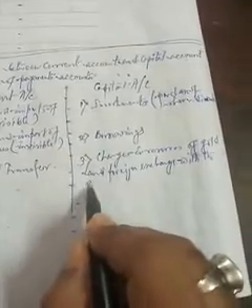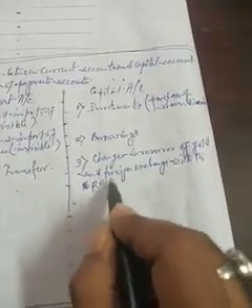That means with the RBI. You can write with the central bank or you can write RBI. So this is how we distinguish current account and capital account of balance of payment.